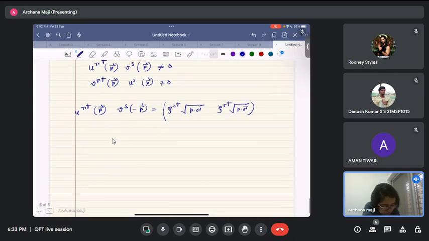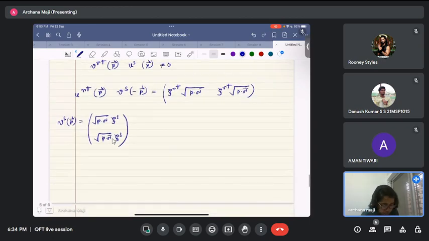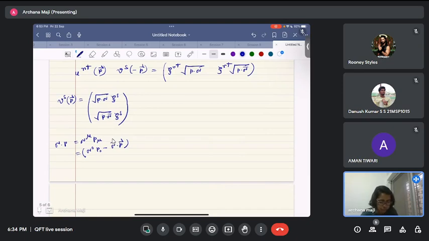So what would that mean? v s of p is equal to square root p dot sigma xi s, square root p dot sigma bar xi s. So what is p dot sigma? It's sigma dot p, so it's sigma mu p mu, which is sigma 0 p0 minus sigma i, or sigma dot p minus sigma dot p, because p mu is a covariant index here.